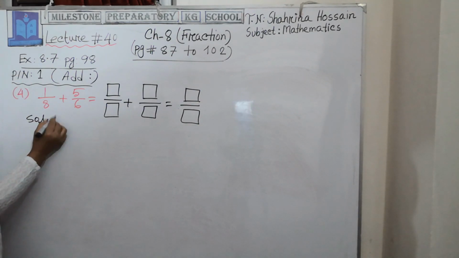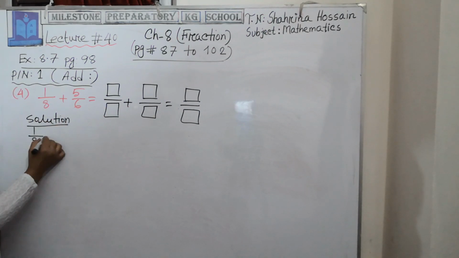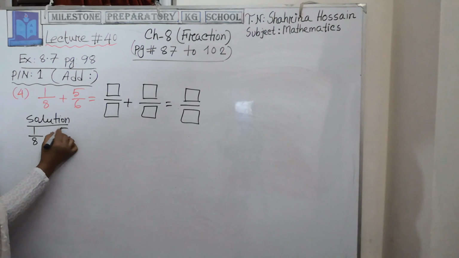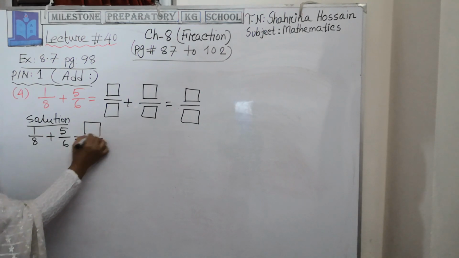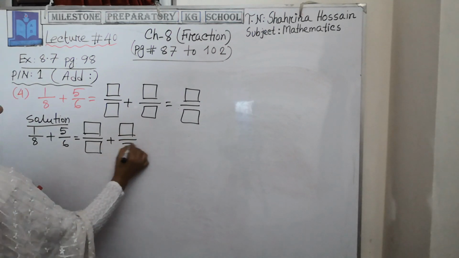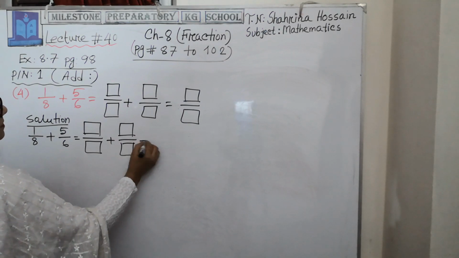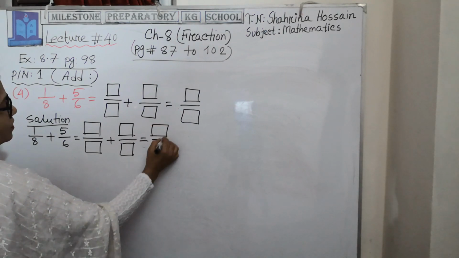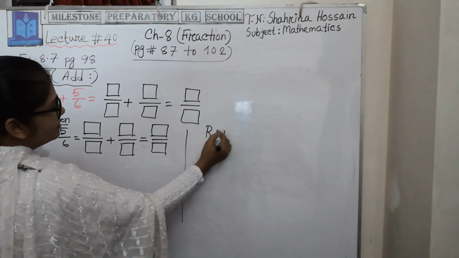So solution, at first we will find the LCM of given denominators. Plus box, then box, equals to sign, then box. Okay. Now we will do the rough work here.